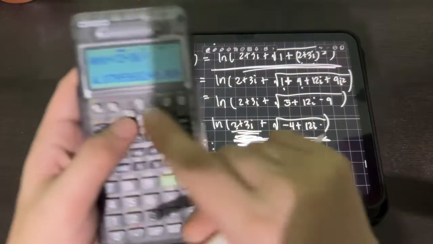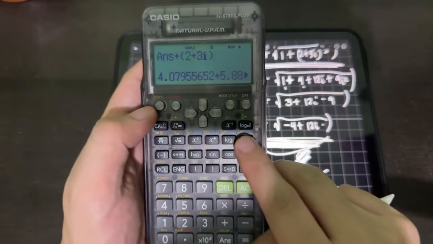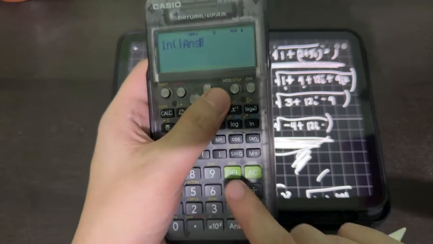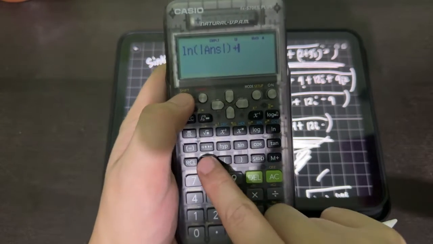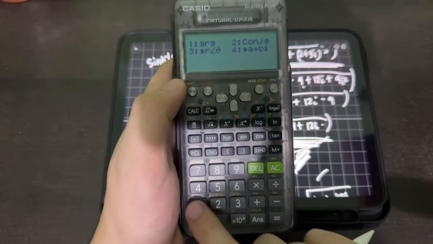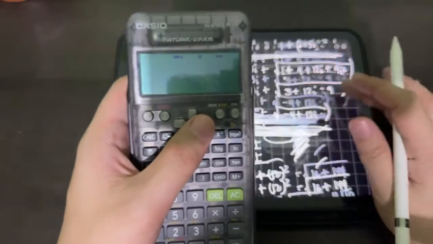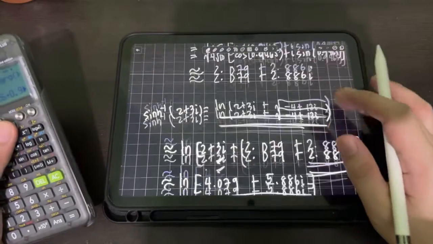Then you try to get the ln of this. So how? Just input ln of shift abs of the ans, then plus i shift 2 1 of the ans, equal. So this will be the answer. Let's check.